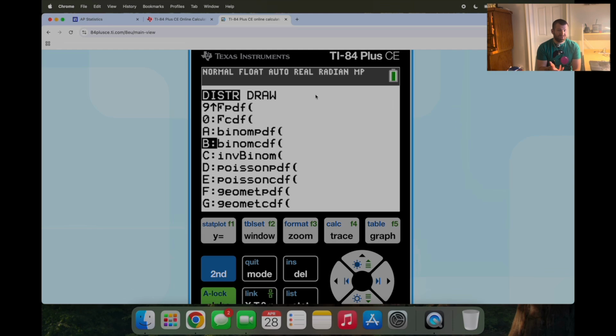For example, in a binomial CDF scenario, if it asks for the probability of more than 3 successes, that is 1 minus the CDF of 3. If it asks for 3 or more, it is 1 minus the CDF of 2.